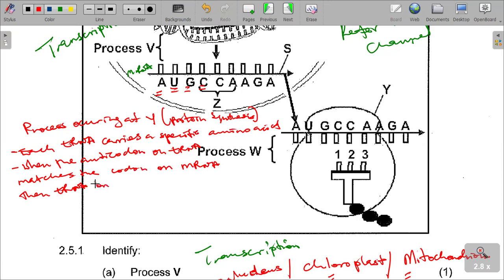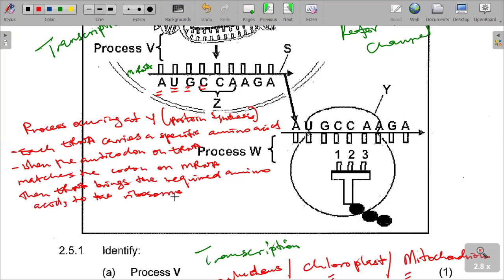tRNA brings the required amino acid to the ribosome.